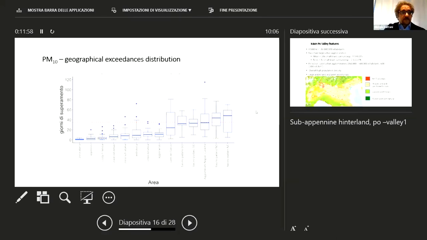Well, in Italy we have a geographical distribution of exceedances that differs by zone. The exceedances happen mostly in the Po Valley and in other inland valleys in the center and the south of Italy.